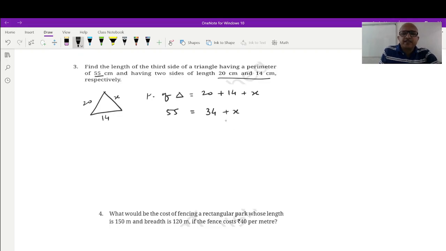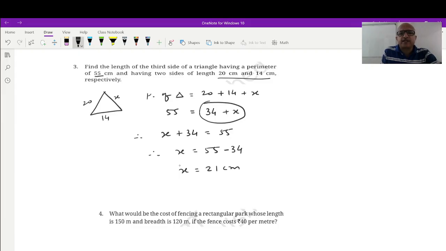Now as this variable x we want to find is on the left hand side, we'll transpose the whole to make it easy. So x plus 34 is equal to 55, so that x is equal to 55 minus 34. So x is equal to 21 centimeter. That is the length of the third side of the triangle.